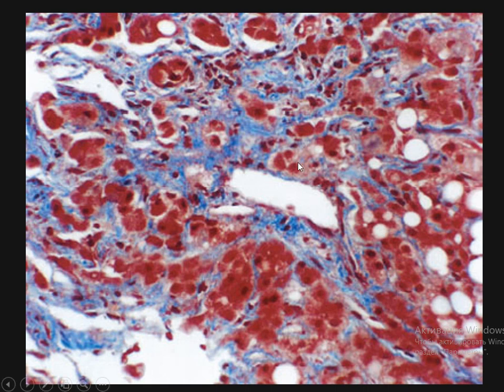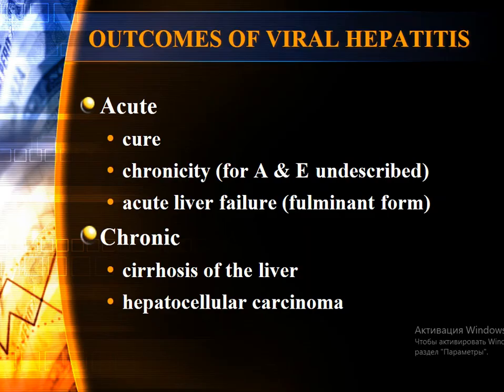And here you can see the example of MSB staining, and this stain helps to distinguish, first of all, connective tissue. So here you see that hepatocytes have red color, and extracellular matrix, fibrotic tissue, has bluish color. And when we do this additional staining, it's easy to understand the severity of fibrotic changes in this biopsy or in this specimen of liver.